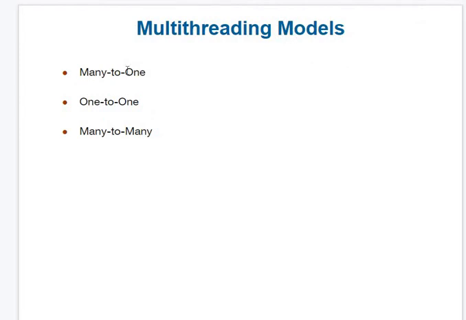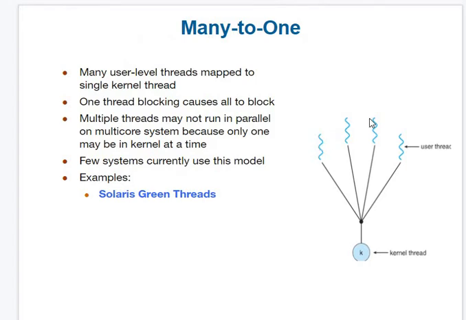There are 3 models: many to one, one to one and many to many. First is many to one, where almost all resources and requests are of the same type, like 4 students doing the same project but different sub-works.